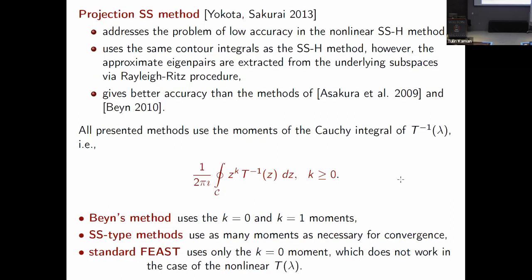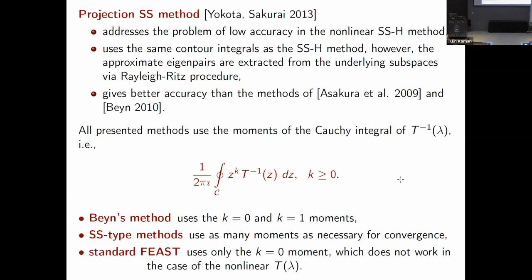Okay, so SSS is a projection type method. As I said, we have growing subspaces, and it's not clear how many of these moments of the Cauchy integral we need, so this K, how large we have to go. Beyn's method used the zeroth and first moments, K equals 1. Sakurai-Segura means you have to use as many moments as necessary, which is not clear.